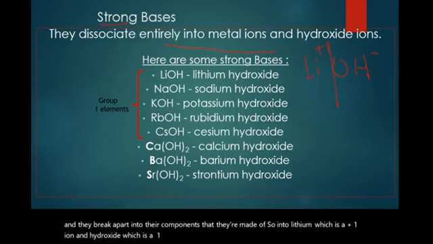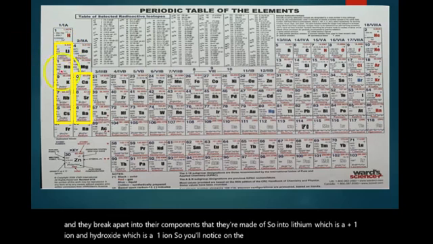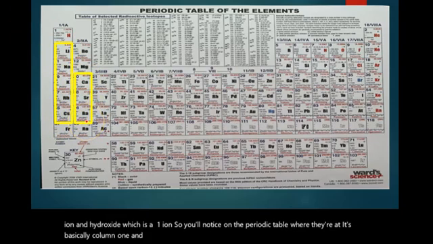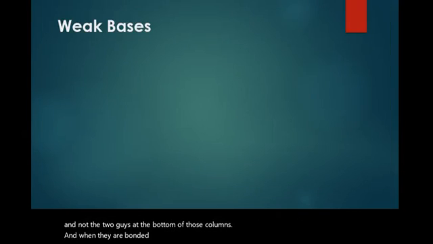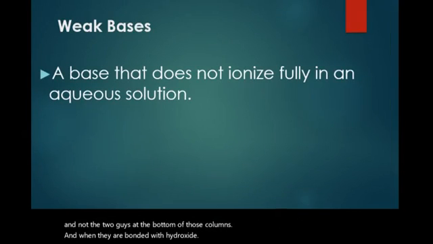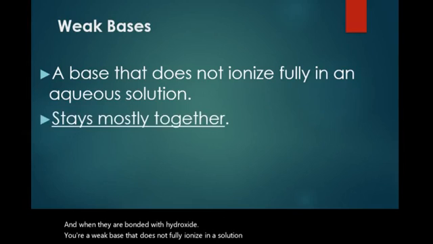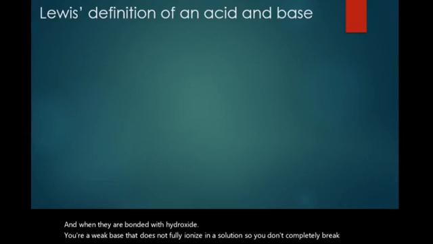You'll notice on the periodic table where they're at, it's basically column 1 and most of column 2, just not beryllium or magnesium and not the two at the bottom of those columns, when they're bonded with hydroxide. If you're a weak base, you do not fully ionize in solution. You don't completely break apart, you mostly stay together.